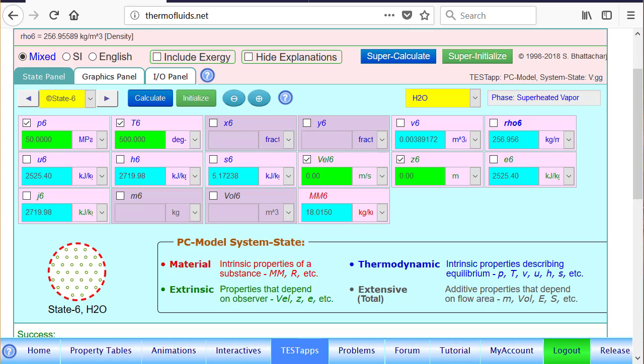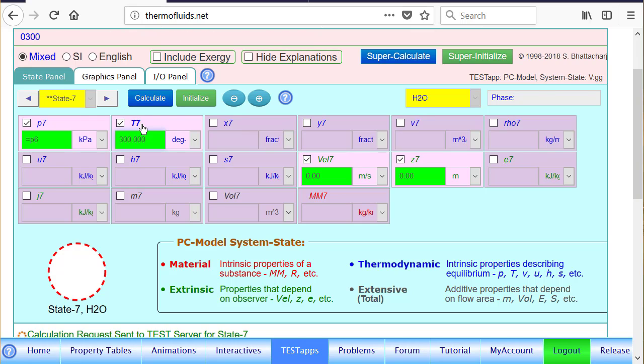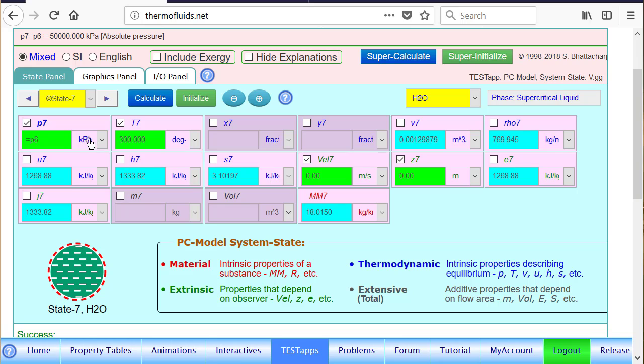And finally, state 7 is the same pressure as P6, I'm sorry, and temperature is given as 300 Celsius. Oh, again, I made a mistake. Okay, that's fine.